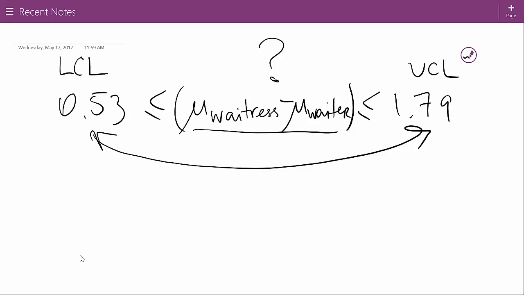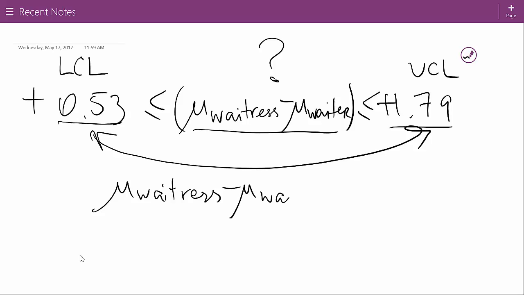So what do you notice about both the lower and upper confidence limits? They're both positive, right? That means that the whole interval in between is also positive. It's between a positive number and another positive number. So we can say that the mean for the waitress minus the mean for the waiter is positive, and we're 95% sure that this is the case.